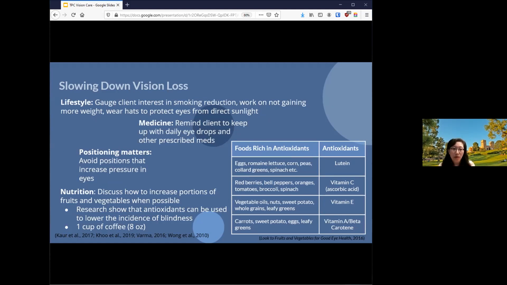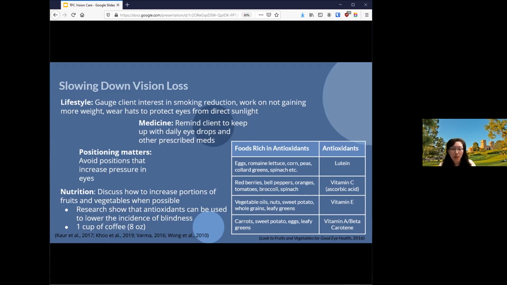Additionally, to help reduce increased pressure in the eyes, positioning does matter. You can advise your client to avoid positions where the head is below their heart, like if they're trying to do a handstand during exercise, or if they're leaning over a lot. If they like to sleep on their belly, they can try to sleep on their side or their back instead, as this will also help reduce pressure in the eyes.